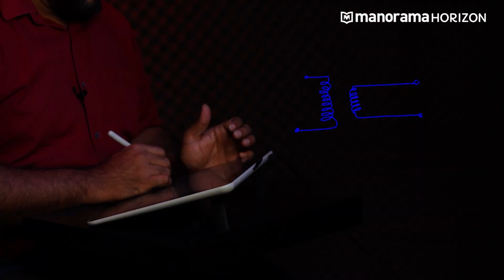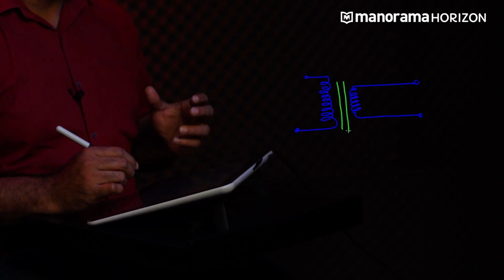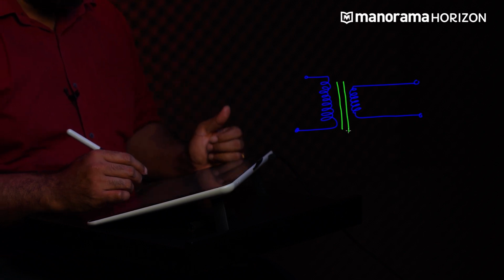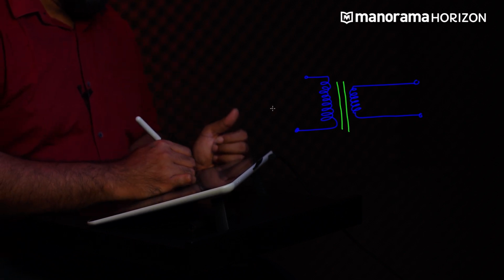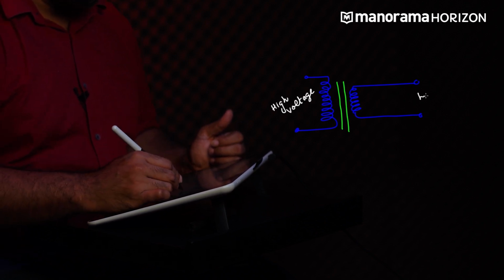You will notice that the secondary coil is a lot smaller than the primary coil, with fewer turns. Here we have the laminated core, and this is a step down transformer because here is the high voltage side and here is the low voltage side.